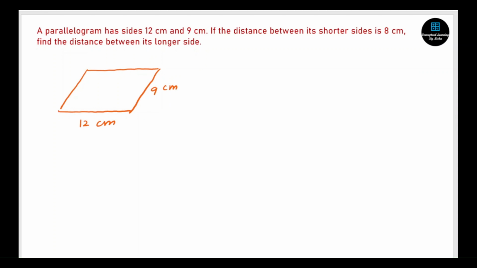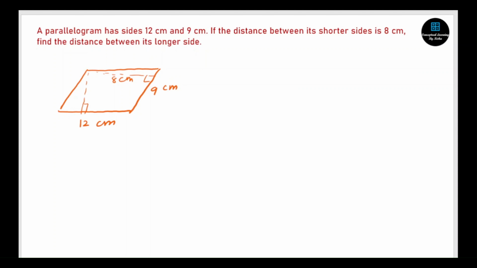The distance between the shorter sides is nothing but the height, so you simply make the perpendicular over here. This is 90 degrees, and this is 8 centimeter. You have to find the distance between the two longer sides, so you have to find this height.